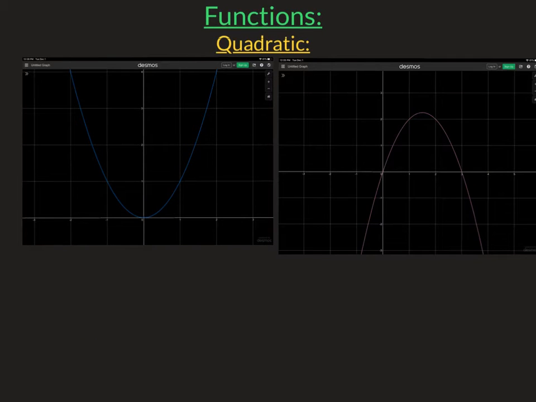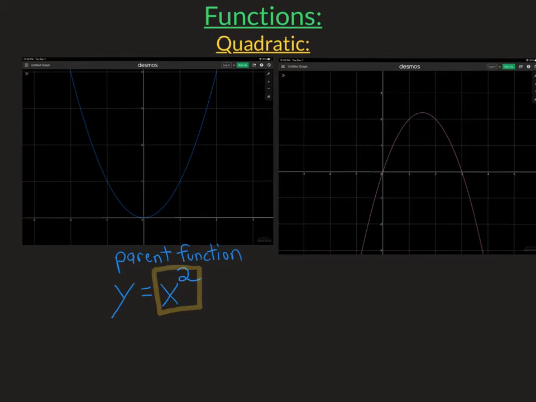So let's step to the new function family of quadratics. Okay? Quadratics, if we look at this left one, this is the parent function, meaning this is the simplest possible graph of a quadratic. And quadratics are this one feature, x squared. Okay? That's what makes quadratics.